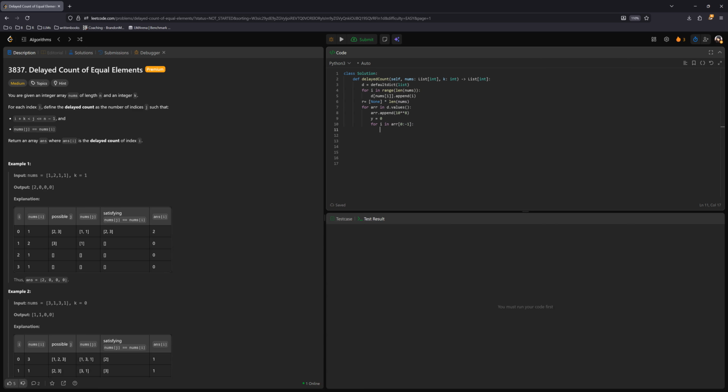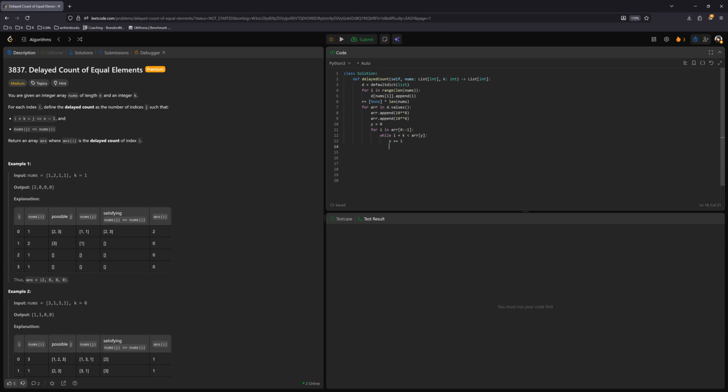Okay. And then we need to advance y as much as possible. So, while arr of y plus 1 is greater than... okay, so long as i plus k is less than arr of y, that means it's still legal, right?